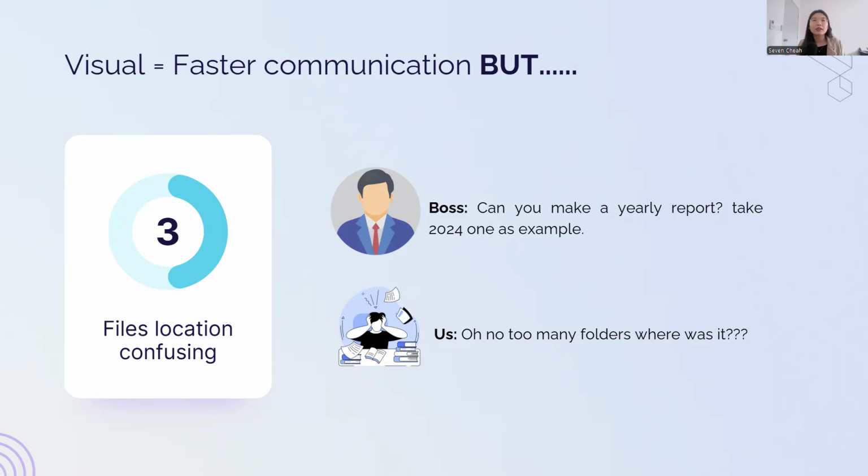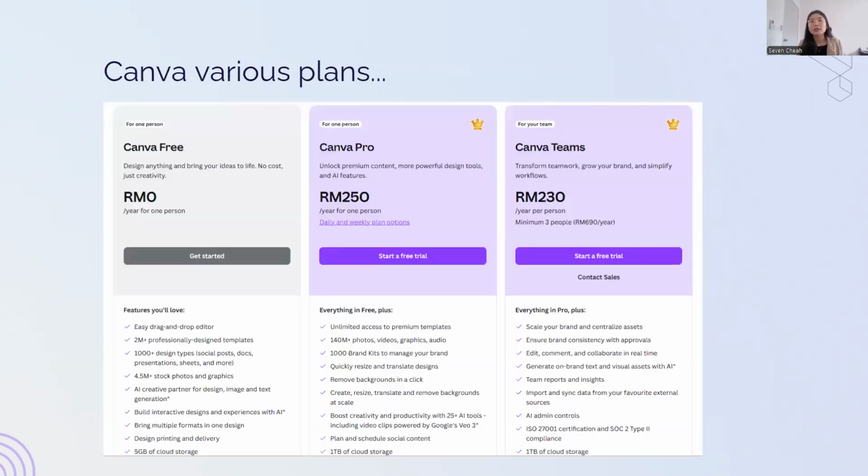I'm going to share three functions that will be very helpful for you to go through the challenges. Before we talk about the functions, I'll go very quickly through Canva, because later some functions might be paid functions, so I just want to clarify here. Most of us use Canva Free, which is the basic one.